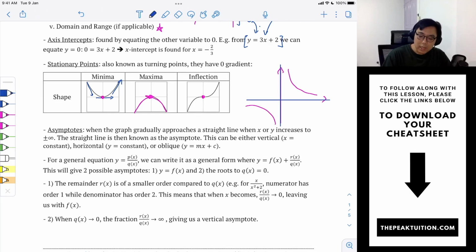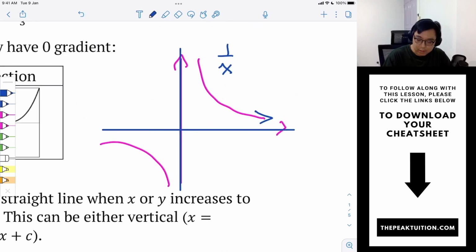So here we see that when x goes to very large, in this direction, 1 over x becomes very small, but it never ever hits 0.